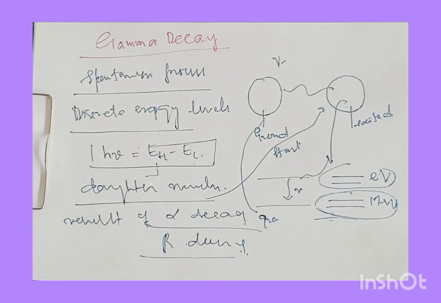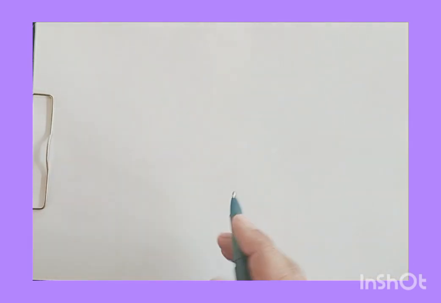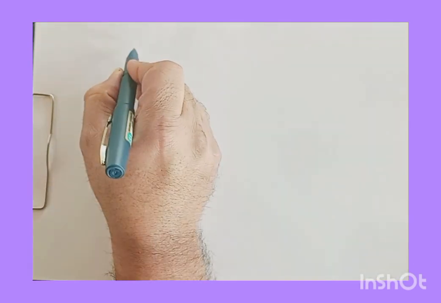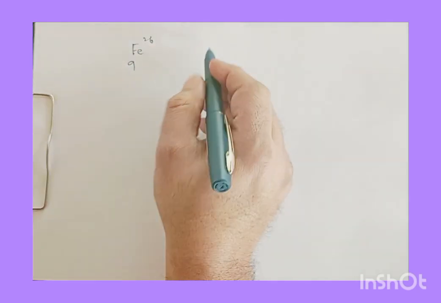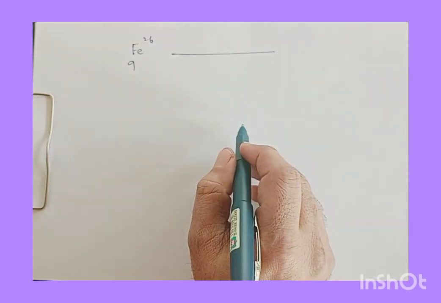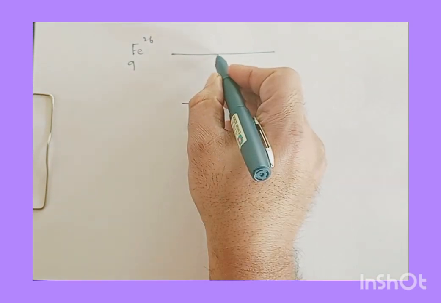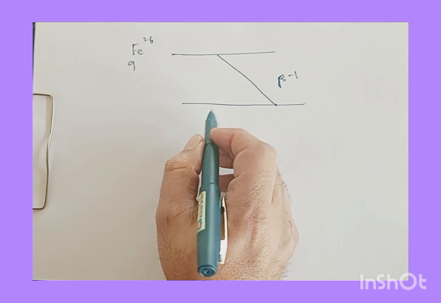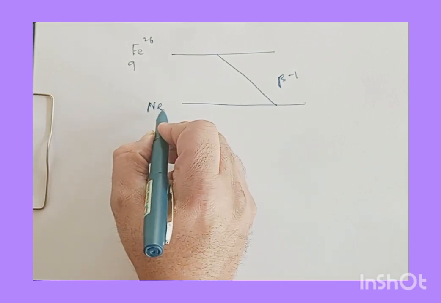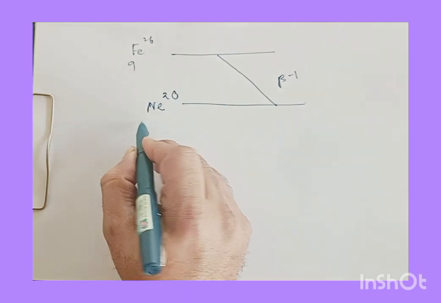Now, let us try to illustrate this in a very simple fashion so that we get a clear idea. If I take an example of Fe 29, it undergoes beta decay, so we have beta negative. And what we have here is neon 20, 10.